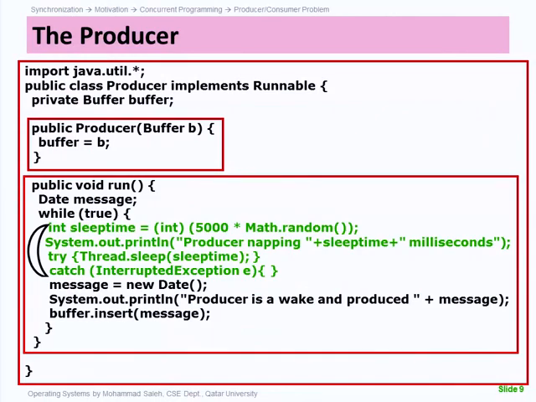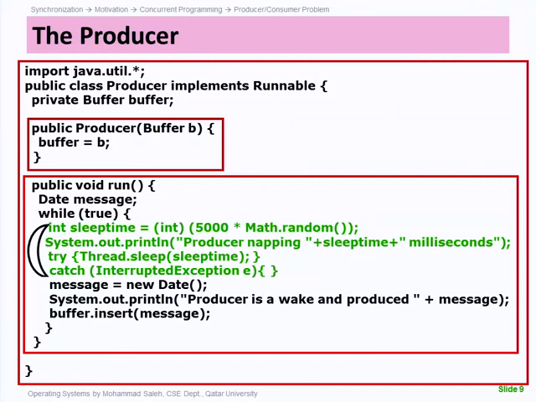Then the actual production, let's say that the item is a date object. It could be anything, right? That date object now has to be inserted in the shared buffer. The insertion is done by calling the specific method of the bounded buffer object. So I'm saying buffer.insert. That's what the producer is doing.